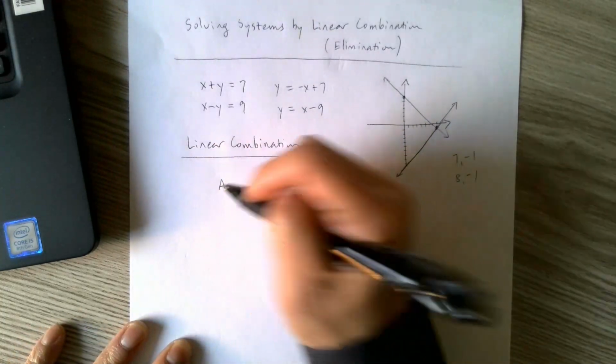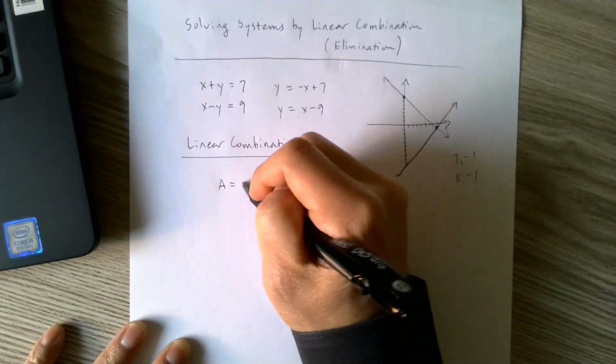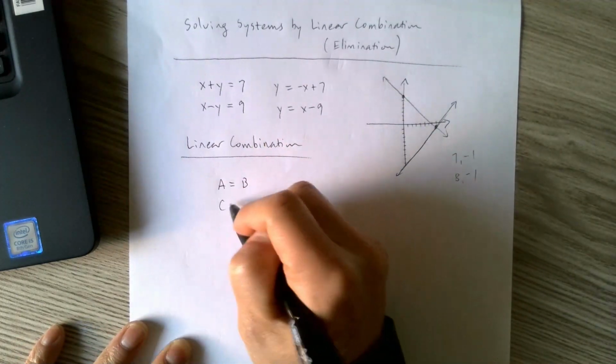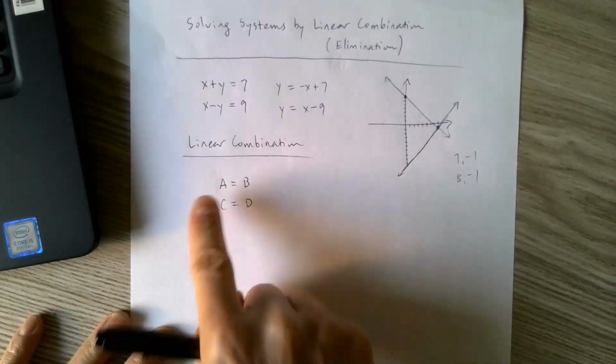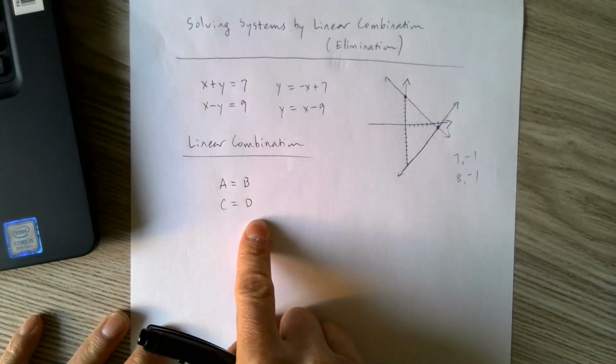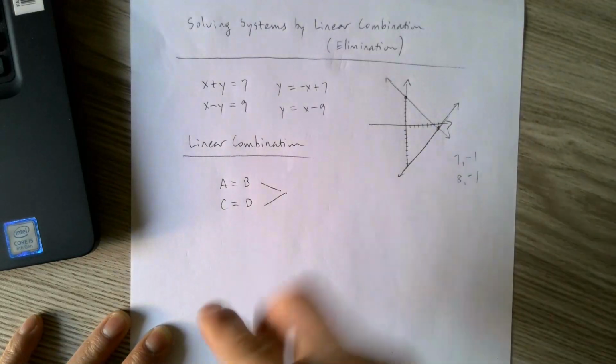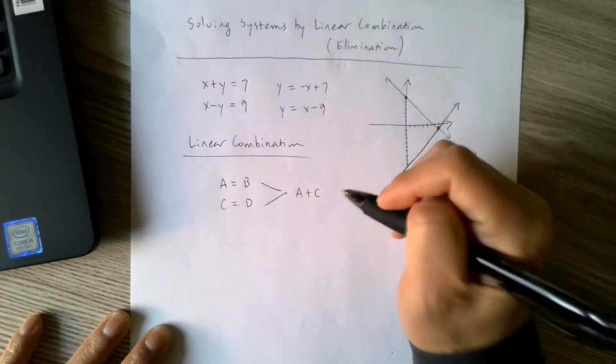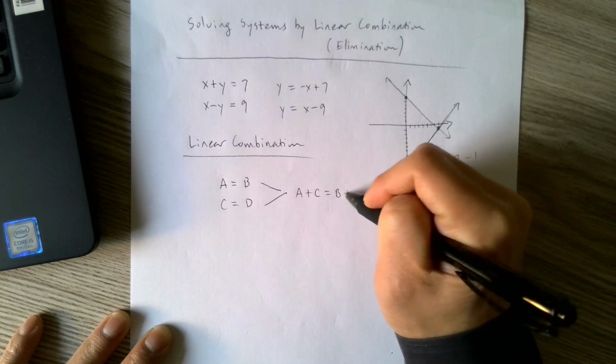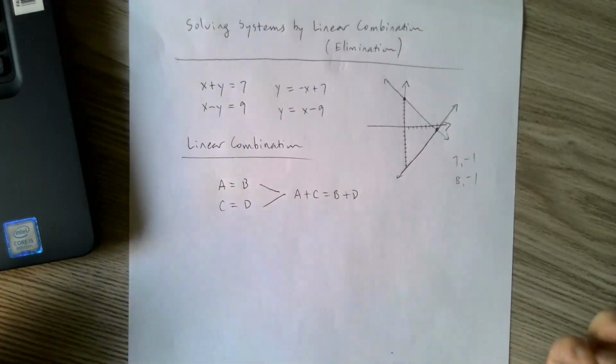So first of all, here's the main idea. If I have two equations, a equals b and c equals d, then it is also true that a plus c equals b plus d. Why?